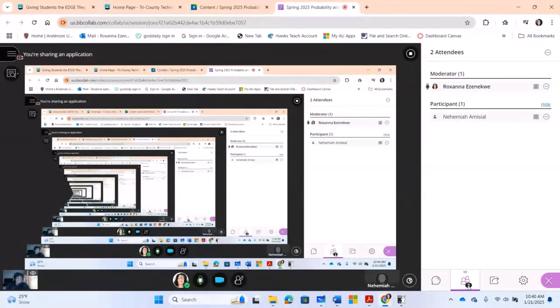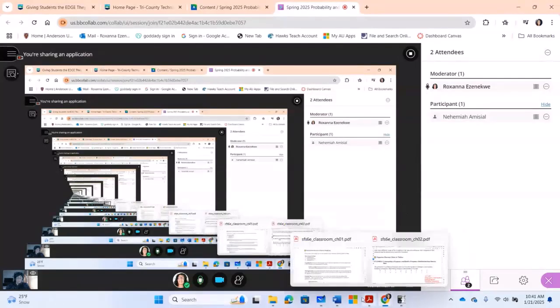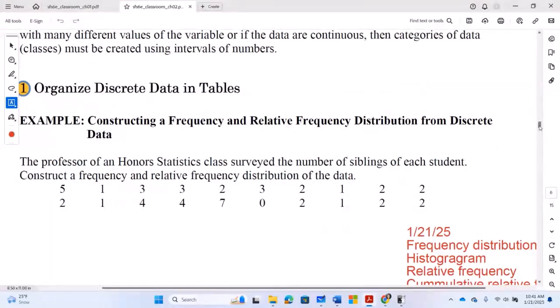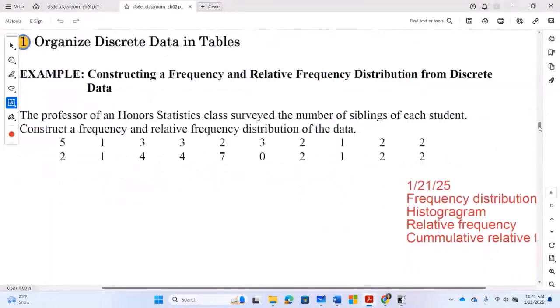So we started by working on grouped data. We grouped a discrete data. So this is how to work with grouped data.